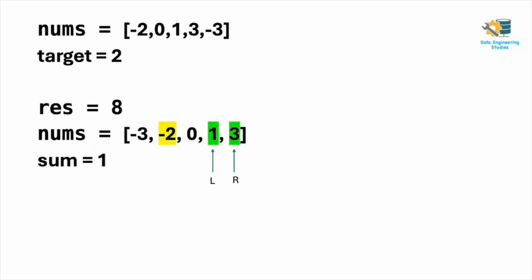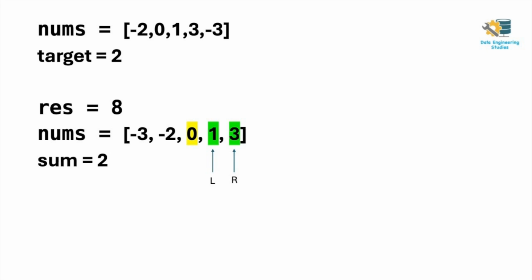Now we will increment the left pointer. The sum of -2, 1 and 3 is 2, which is not less than the target. So we decrement the right pointer. The left pointer is not less than the right pointer, so we break the loop and go to the next element, which is 0. We initialize L to the next element and R to the last element.